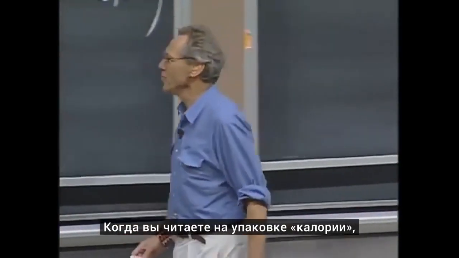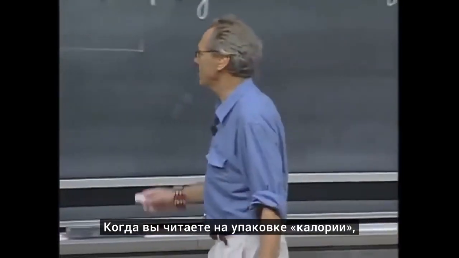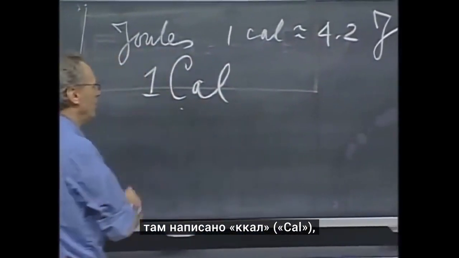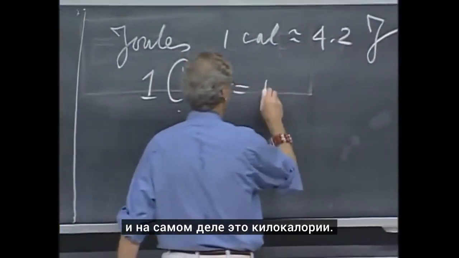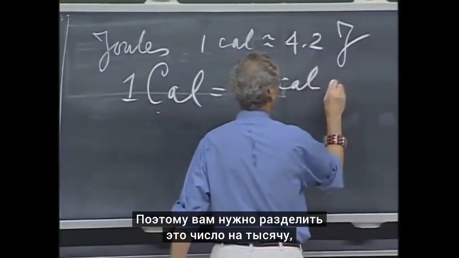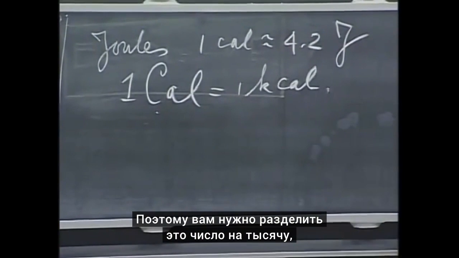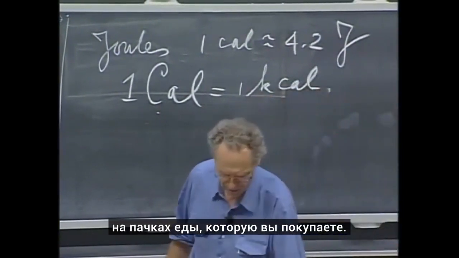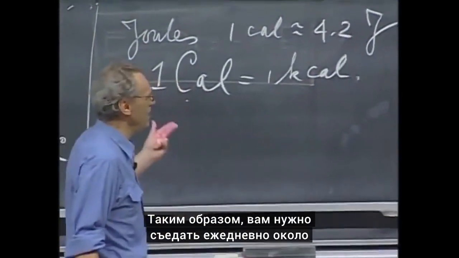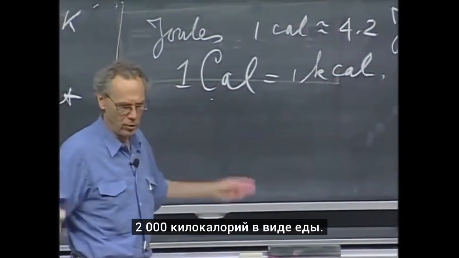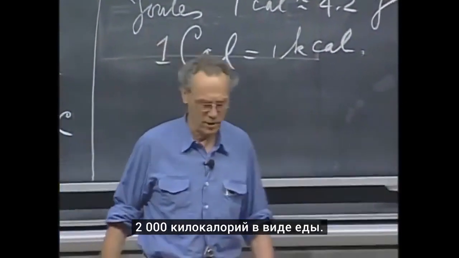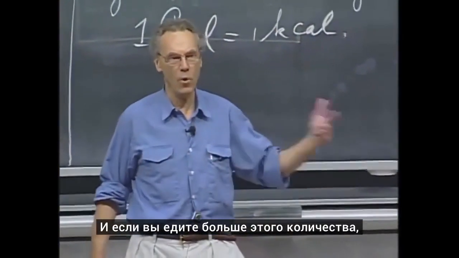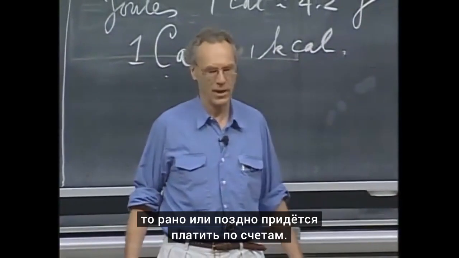You see, when you read calories on the packages, it is called a capital CAL, and that is really a kilocalorie. So you have to divide this by 1,000 to compare it with the packages that you buy. So you have to eat roughly daily about 2,000 kilocalories equivalent of food. And if you eat a lot more than that, well, you pay a price for that sooner or later.